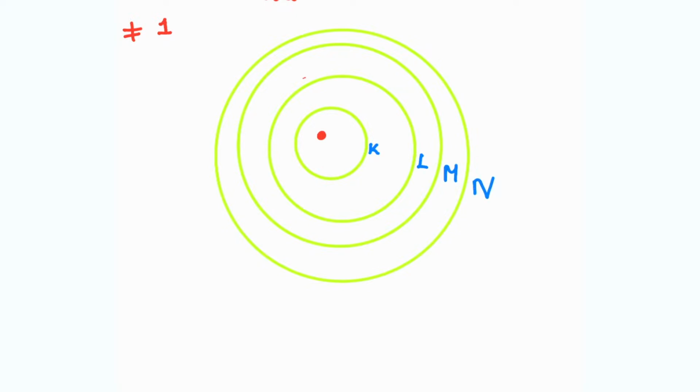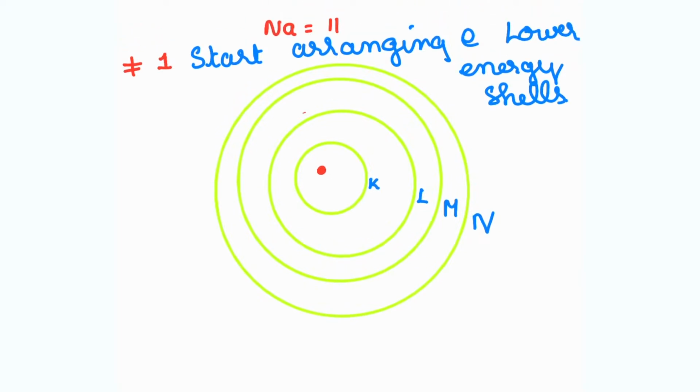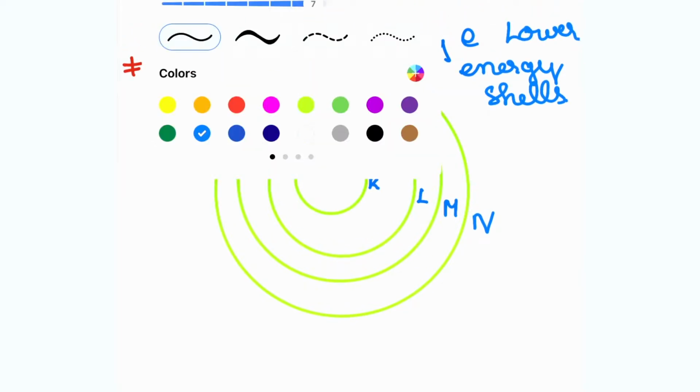What was the first rule? The first rule was to start arranging the electrons from the lower energy shells, so I start arranging from K. What was rule number 2?